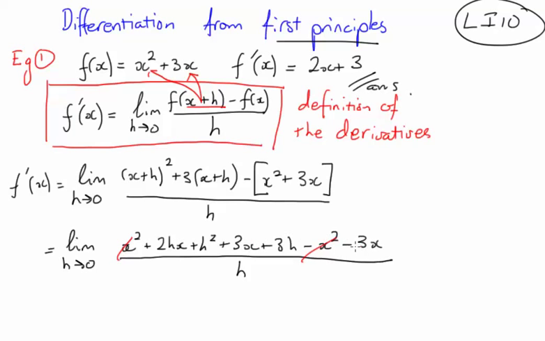There's 3x, there's minus 3x, so they disappear. What have we got left? We've got 2hx, h squared, and 3h. Let's cancel this down a bit. So we've got h squared plus 2hx plus 3h, and that's all over h.